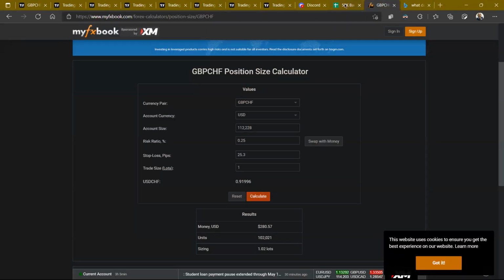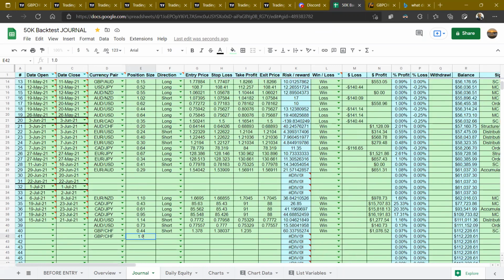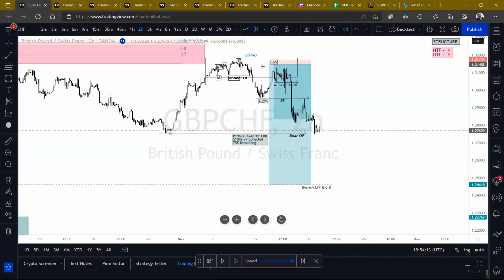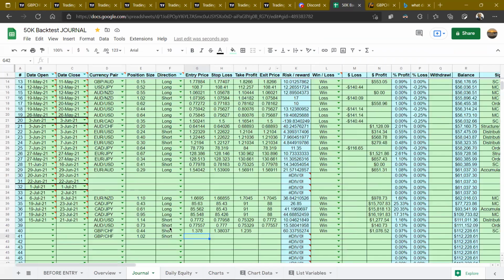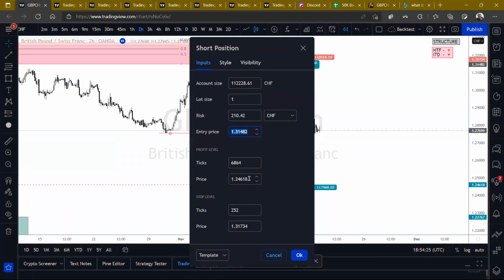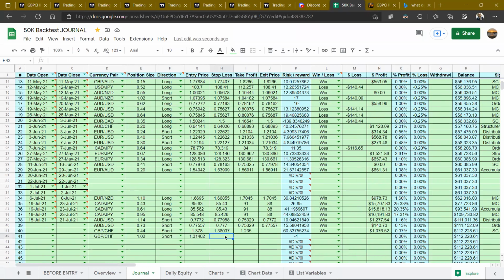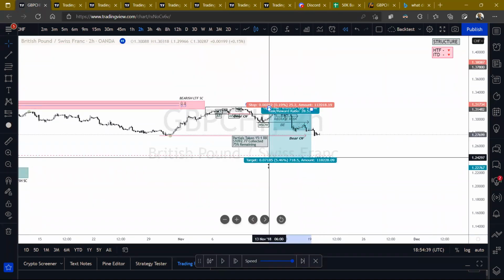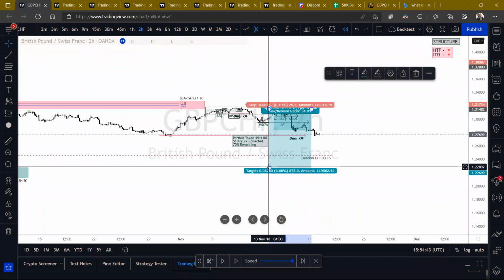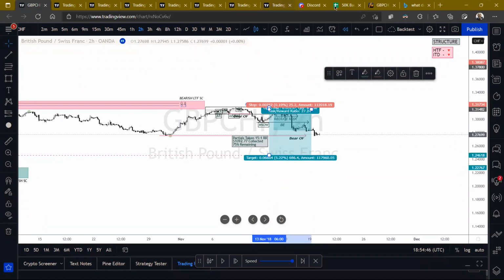1.02. We are short. We're going to take it to TP3, 127, 126.